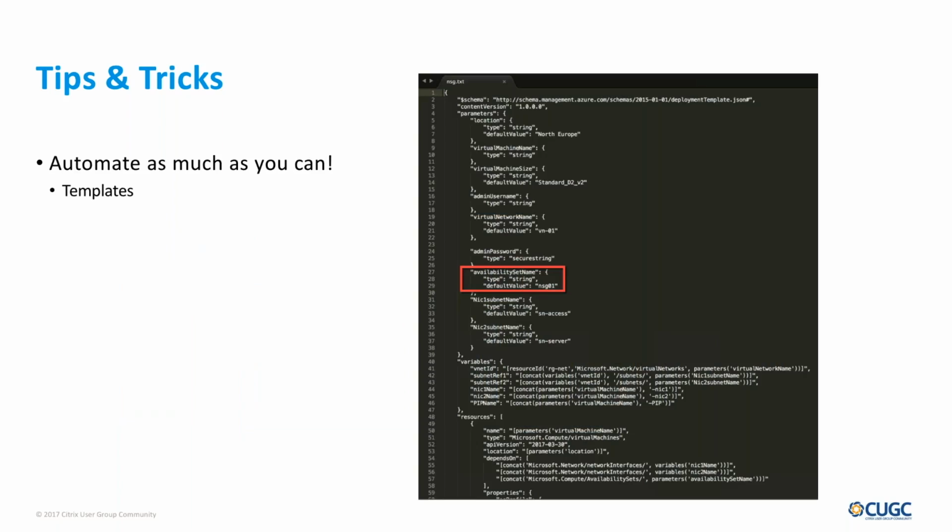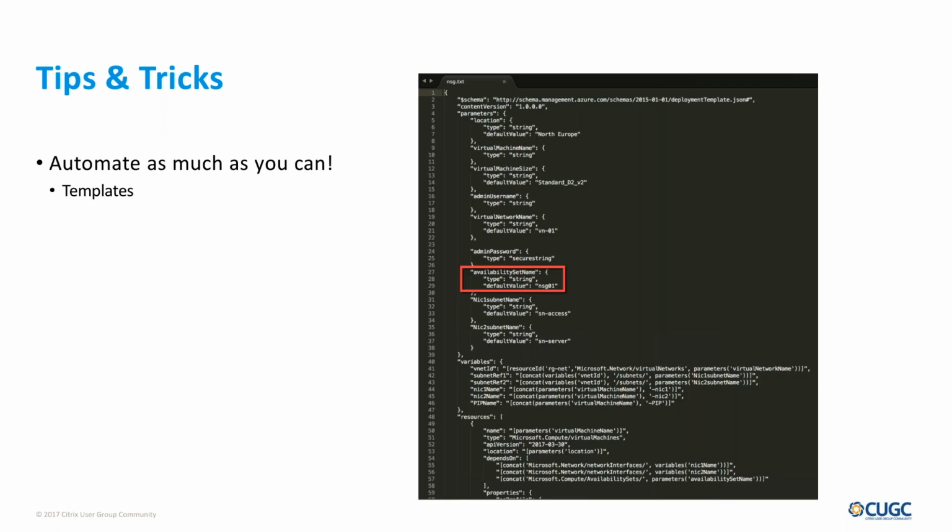So, as I mentioned, updating a NetScaler in Azure is not that easy because you have no special build for it, and therefore I figured out you can automate as much as you can. The first thing to automate a NetScaler deployment in Azure is to use a template. On the right side, you can see a sample template which I configured to deploy NetScaler on Azure, and I will show you that you can use different availability sets.